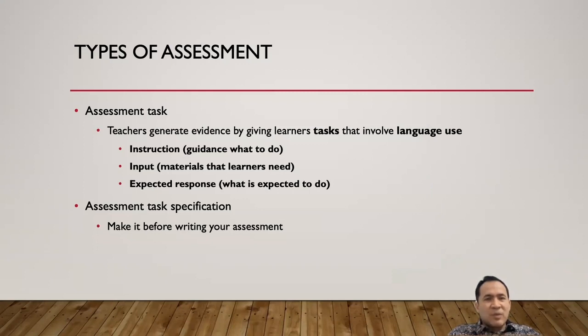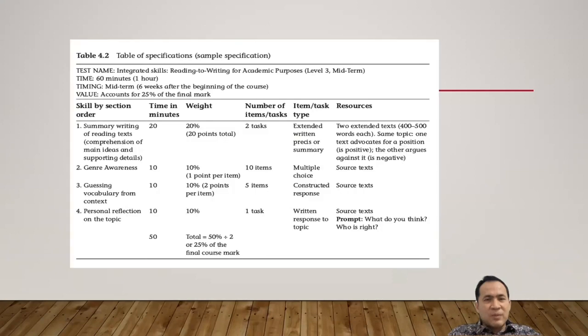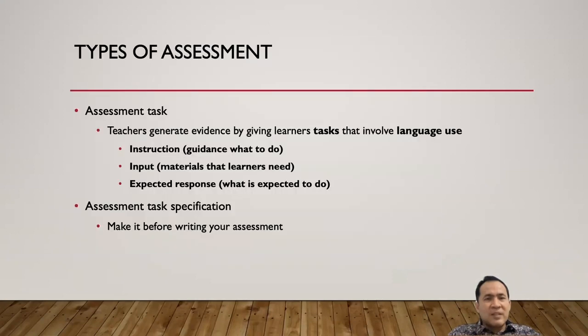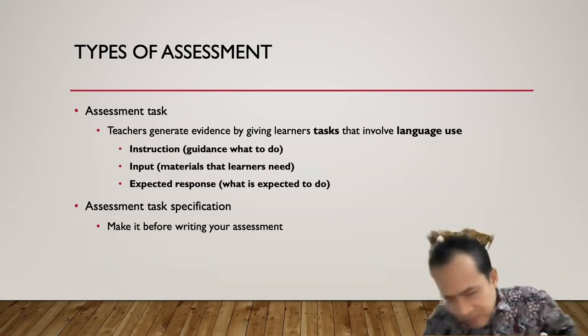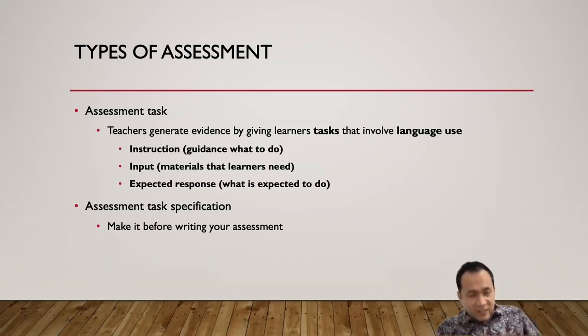Jadi tugasnya itu membuat spesifikasi dulu, kemudian baru membuat assessment task yang isinya instruction, input materialnya apa, kemudian responnya apa yang kepada siswa. Bisa multiple choice, bisa essay, bahkan bisa observation, something like this. Kan kalau observation namanya non-test ya. Later on we talk about that. This is the so-called alternative assessments.